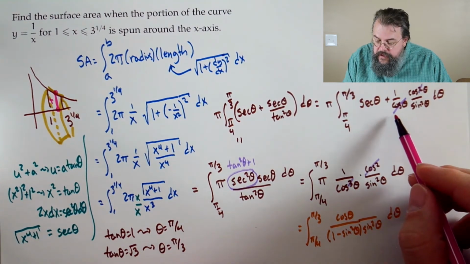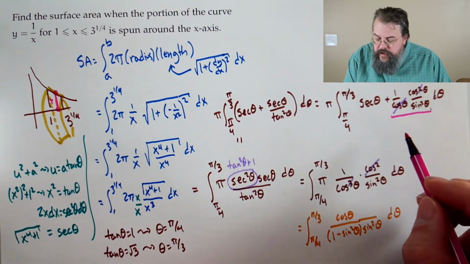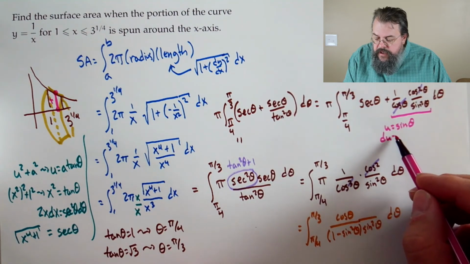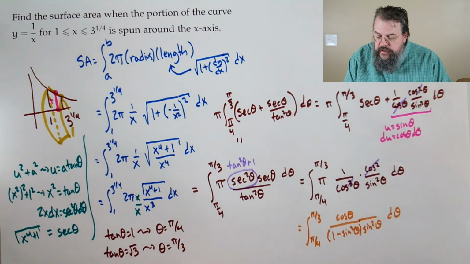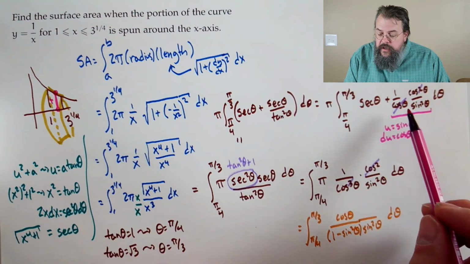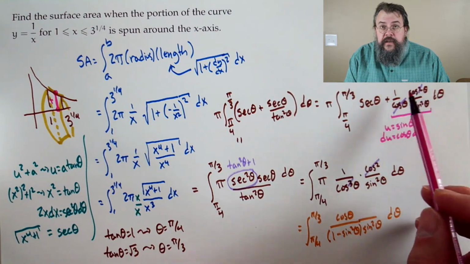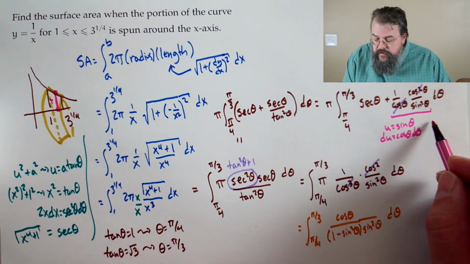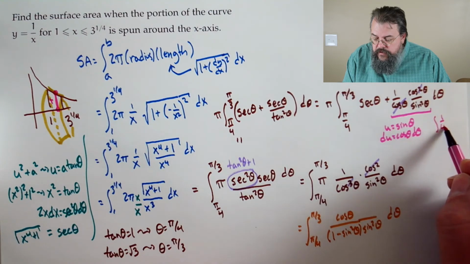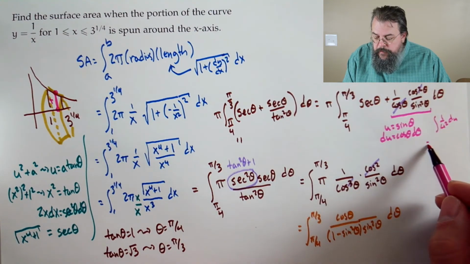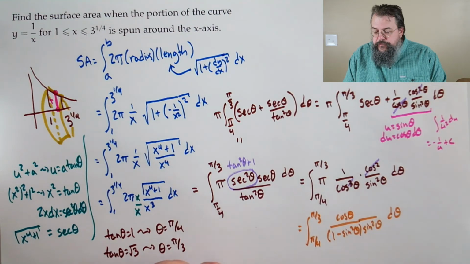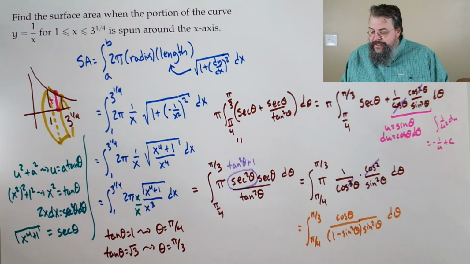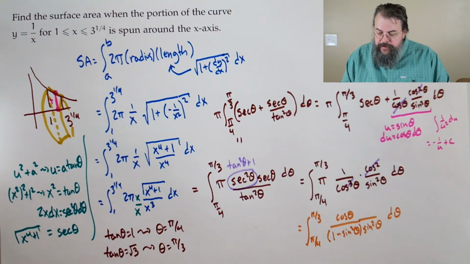And the second part, we'll do a little bit on the side here. This would be u equals sine, du would be cosine theta d theta. And what would we end up with? The cosine theta d theta upstairs is our du. Sine squared downstairs is like u squared. So it's like trying to integrate 1 over u squared du, which becomes minus 1 over u. And now, great, we can do that. So we get the following.